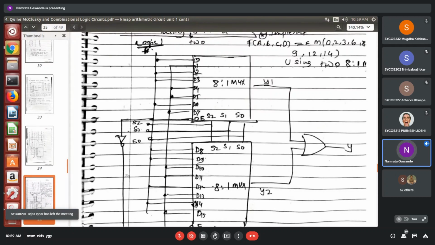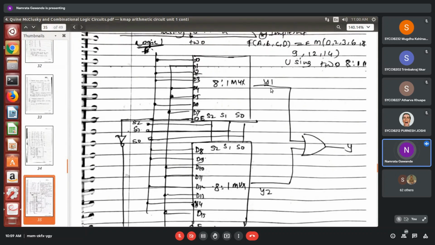What is the connection to D0? Logic 1, means high, means 1. Now that input data will be getting passed through, and we will get the output as Y1, that is nothing but 1, because it is connected to logic 1.